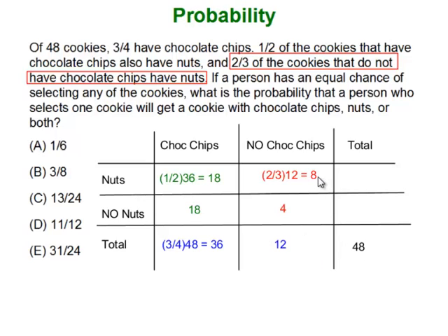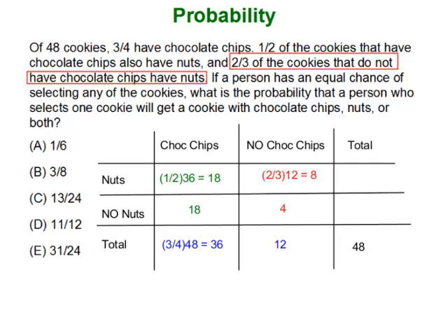They do have nuts. So 8 goes here, 4 goes here. Notice how useful it was to look at that information in pieces. Very easy to reverse these two, right? No chocolate chips, but they do have nuts.